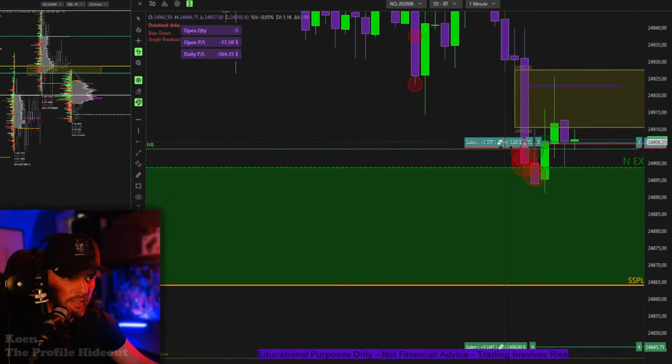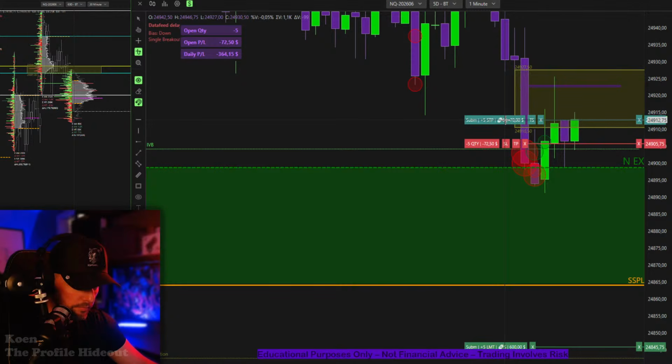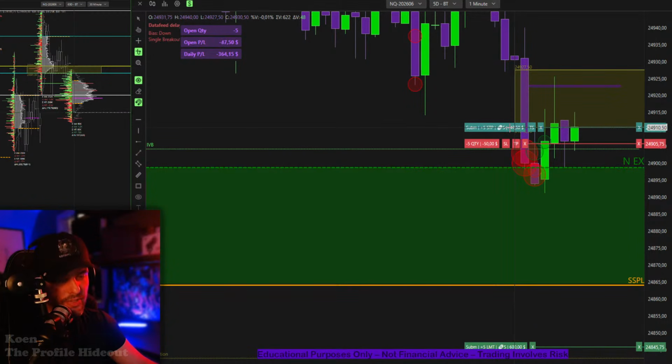This looks too bouncy in Q, too bouncy. Probably expecting too much again from this day.